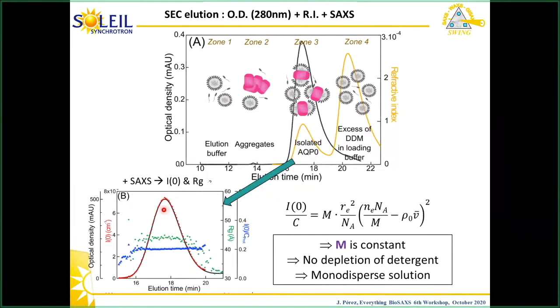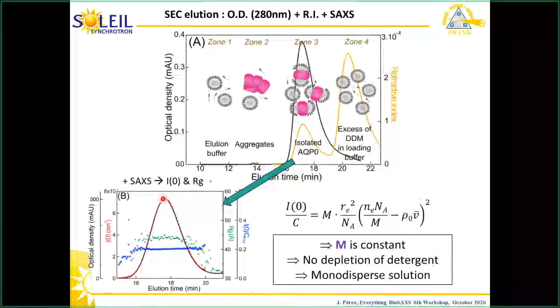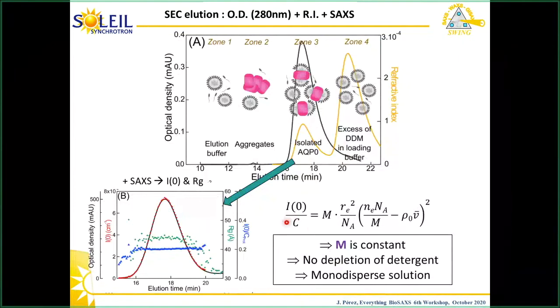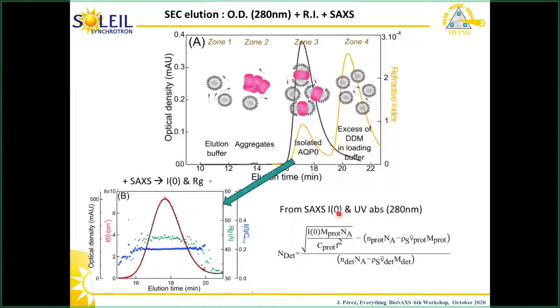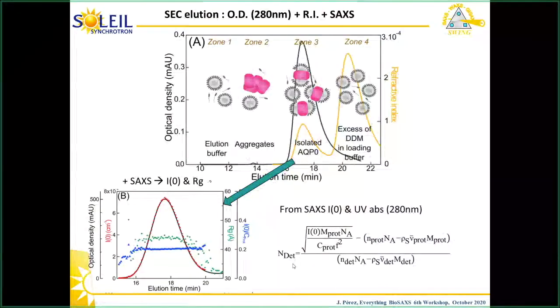And so if you have previously calibrated the beamline using water, for example, you are able to produce the I0 value in absolute units. And because you know the concentration from OD, you are then able to determine the mass of everything there. So comparing the SAXS I0 and the UV, without refractometry this way, you can also determine independently the number of detergent molecules.